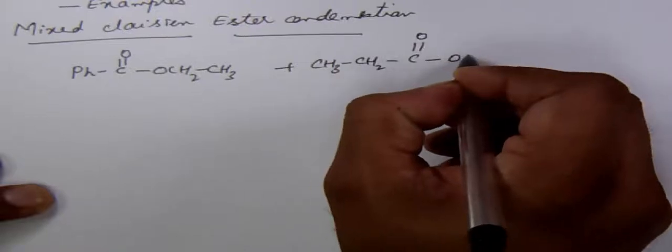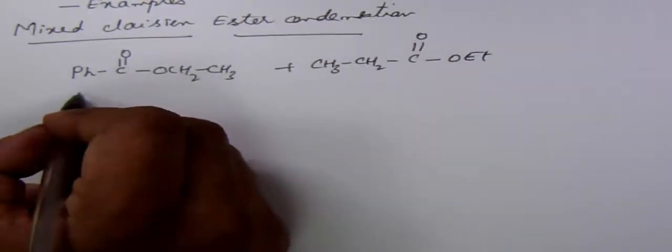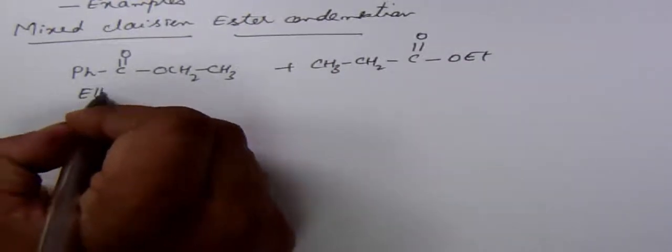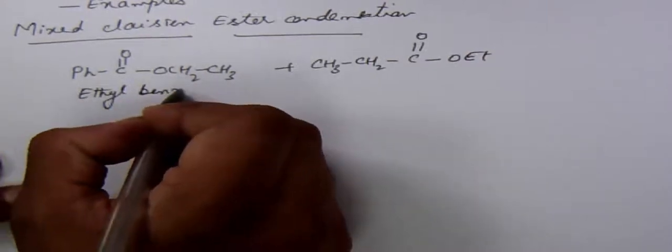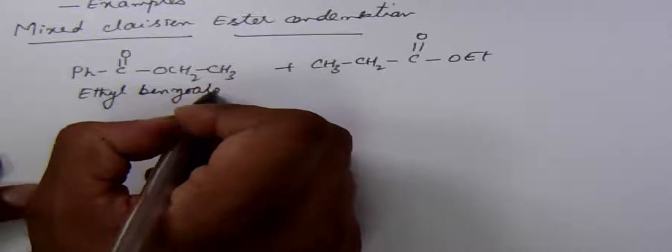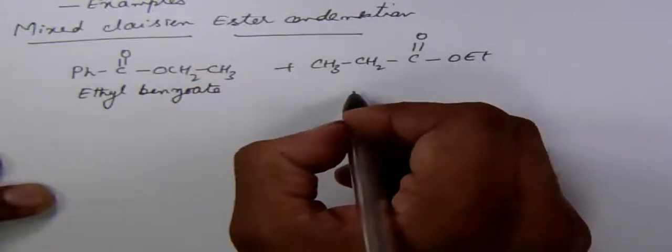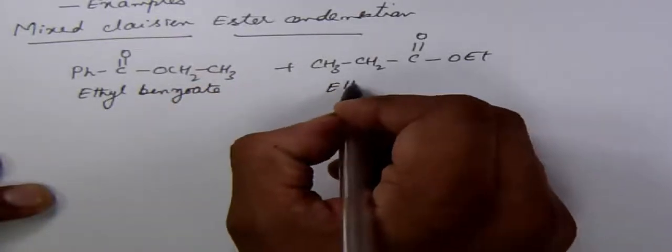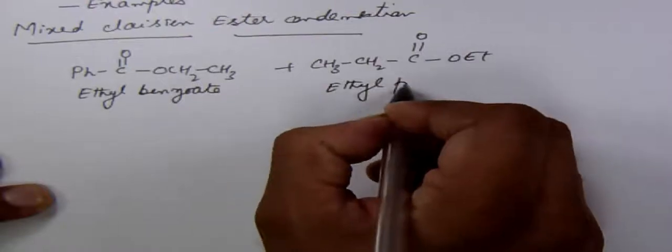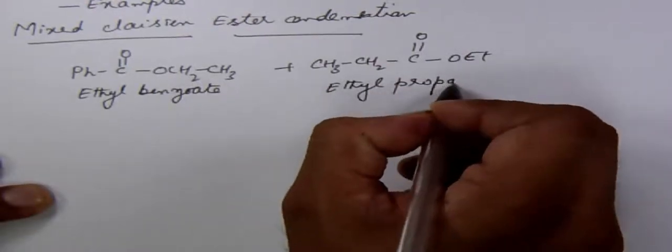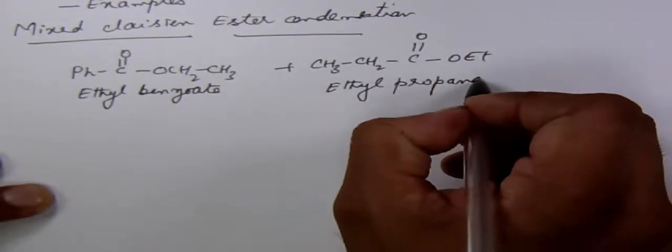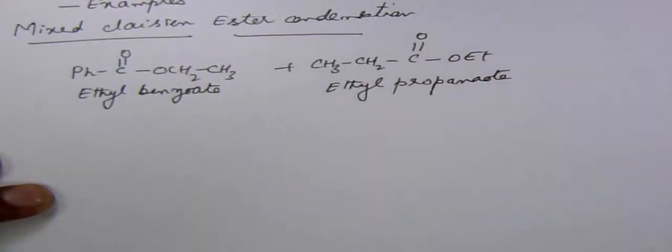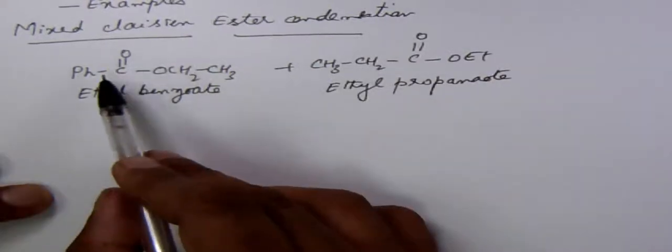So here I'm taking ethyl benzoate, and this is ethyl propanoate. This one has alpha hydrogens, this one doesn't have.